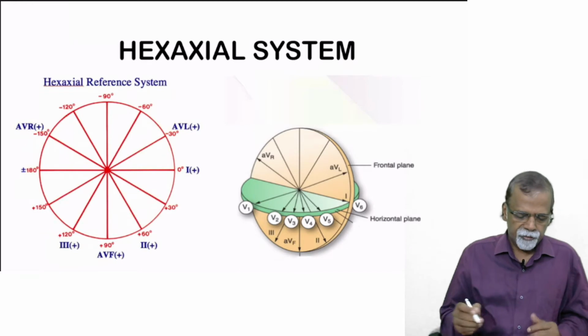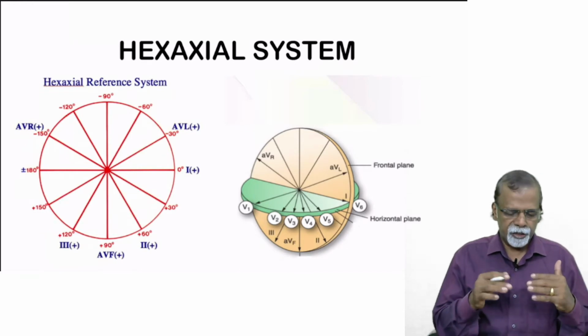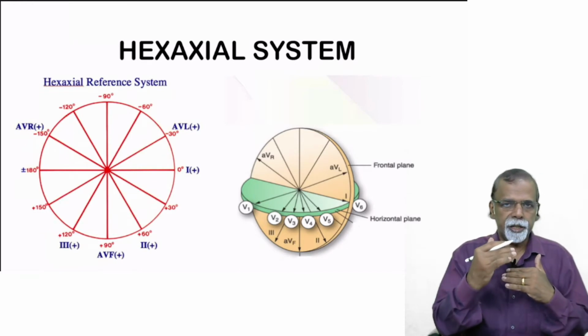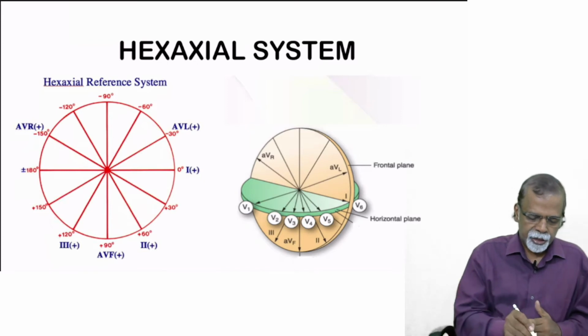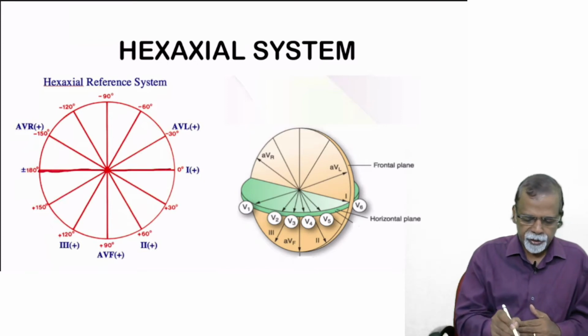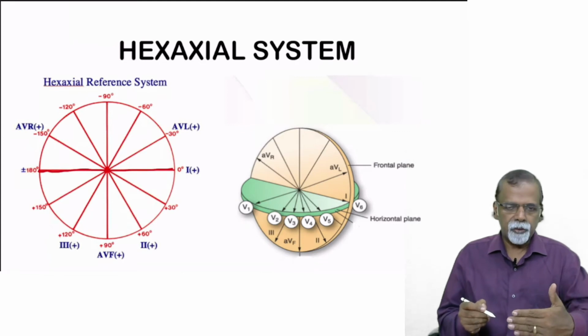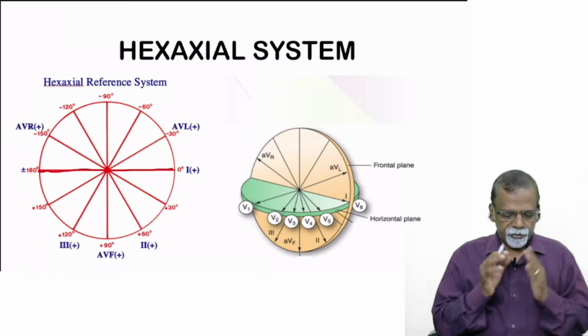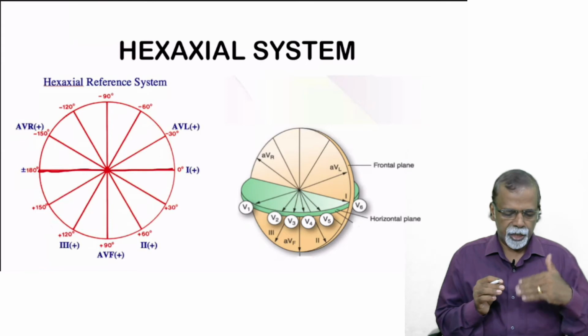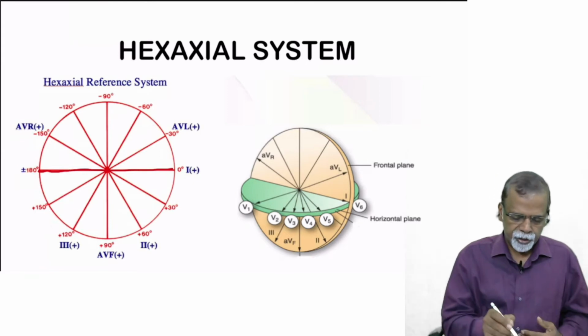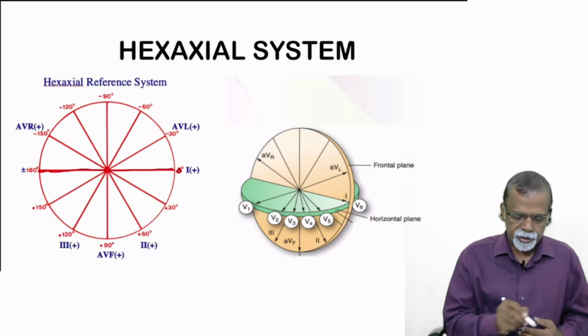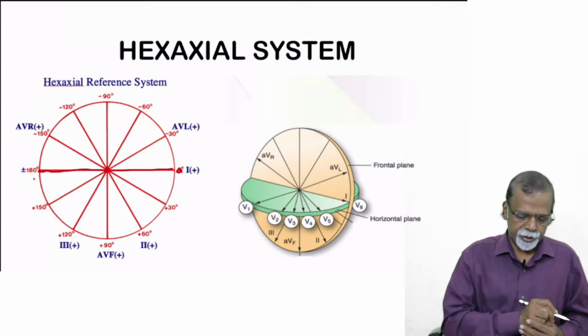One point you should learn from here, it is different from the polarity of the leads which we set. Anything above this line is considered negative and below is positive. Don't get confused. This is for considering the vector. So lead 1, this is 0 and the opposite end is 180.